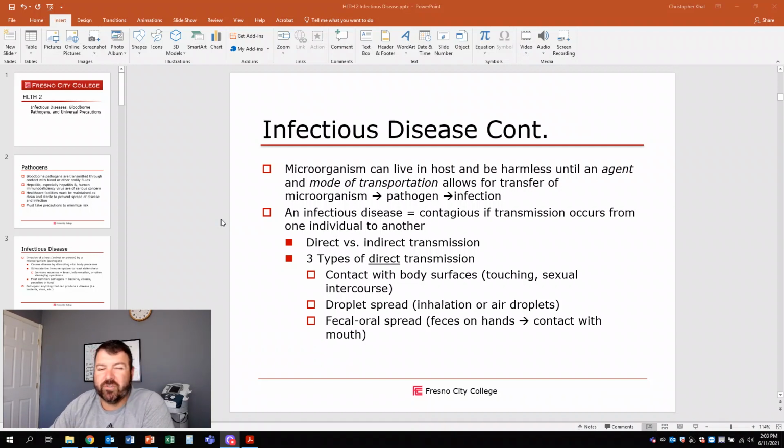Even though fecal oral spread isn't very common, sometimes you'll see it brought up every once in a while. There was one, it must have been 10 years ago, local here in the valley. This is what the news reported, so I'm going to hold my breath on some of that. Some of the fecal matter was on oranges.